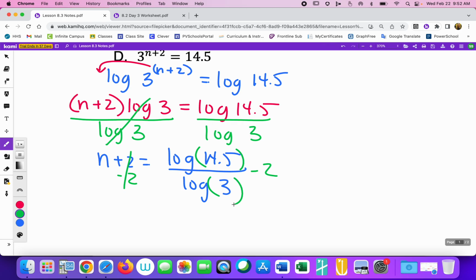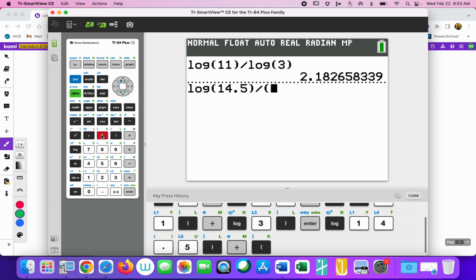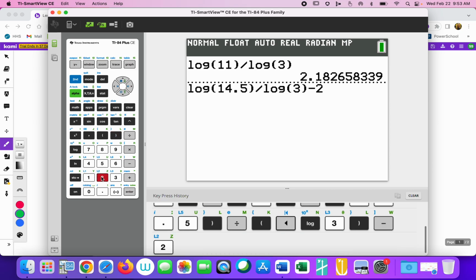Okay? So you can enter in all of that. We don't want to do steps beforehand because then you're going to end up rounding before you should be. Oops. So log of 14.5 divided by log of 3, and then minus 2. So 4 decimal places. No. I didn't get that.